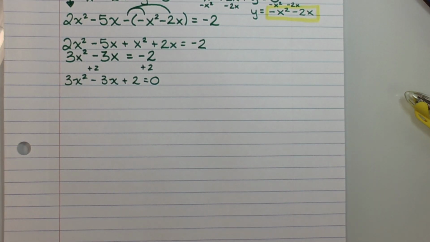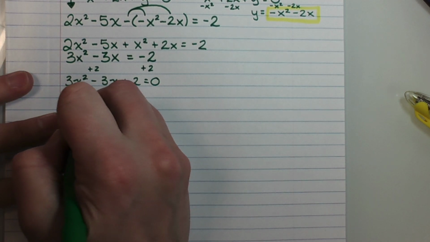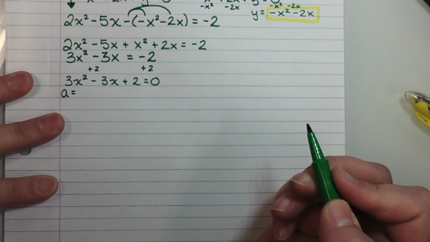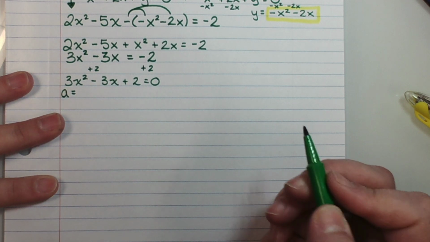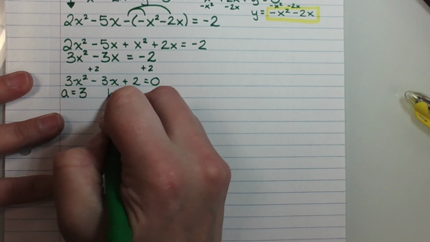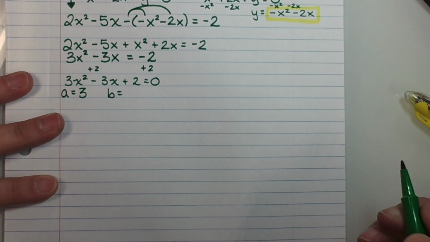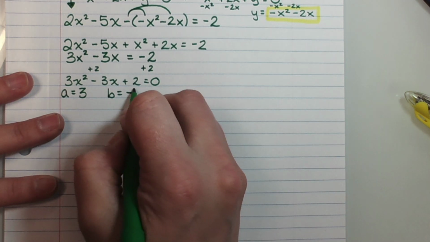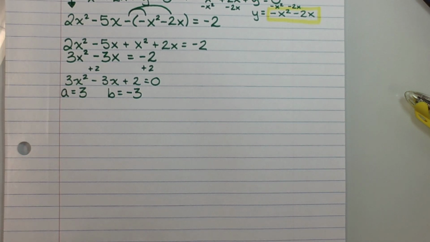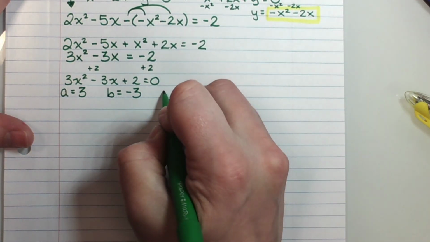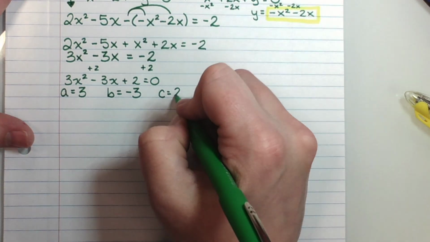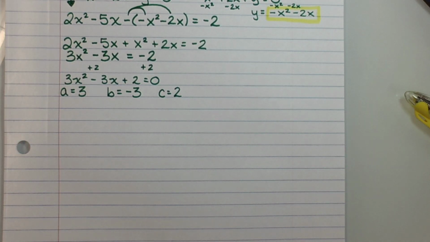Get it equal to 0, then identify A, B, and C. What's A? 3, the number in front of x squared. What's B? 3. No. Negative 3. Be careful of that. What's C? 2.